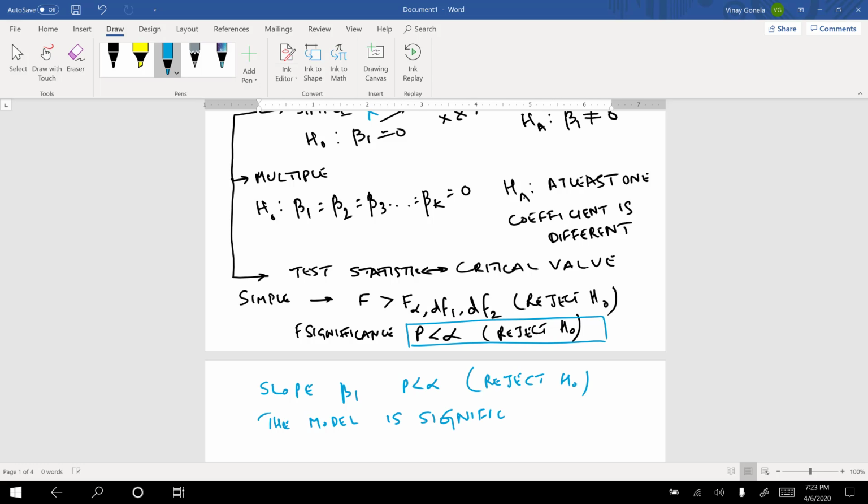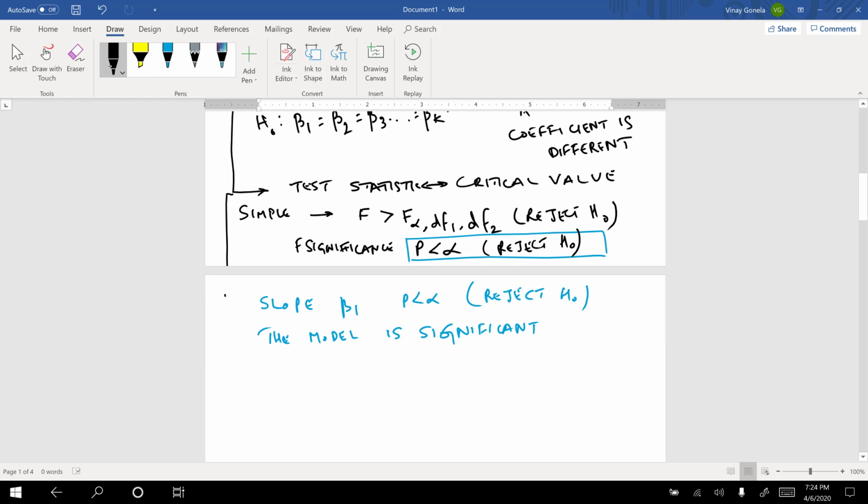So that is how you will be doing this. All this is simple. Now the same thing applies with multiple linear regression. So let's do multiple.